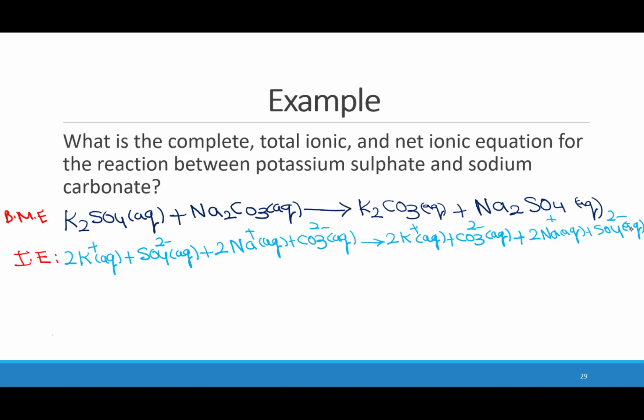Then this is your ionic equation for the above molecular equation.